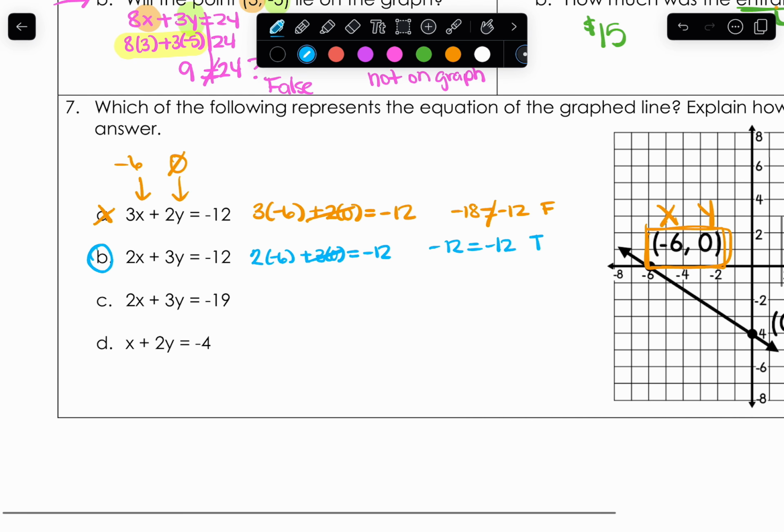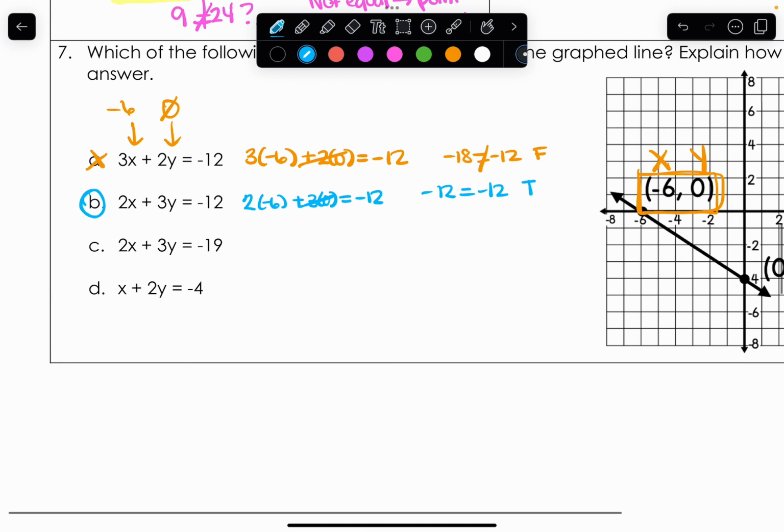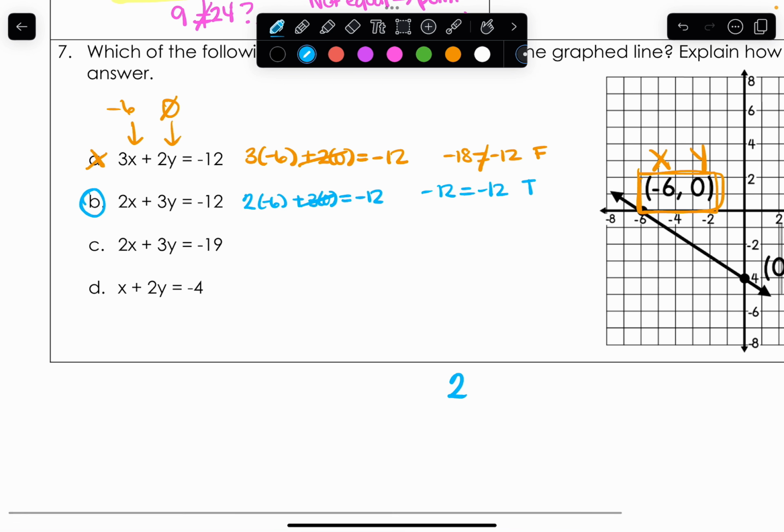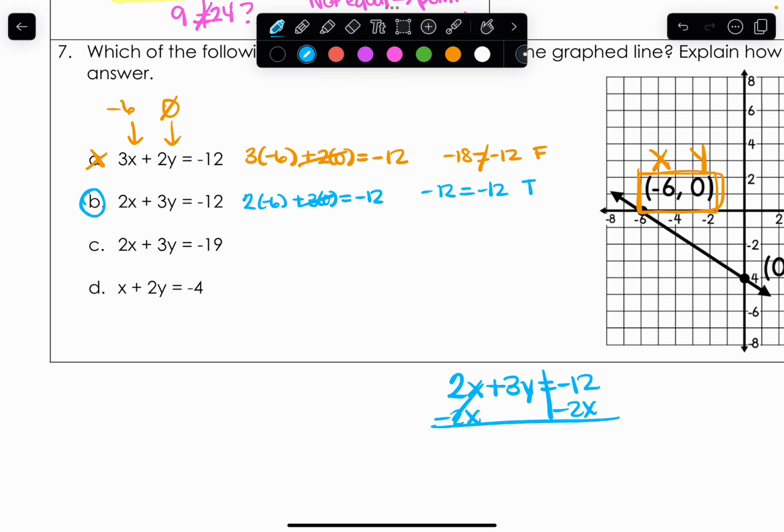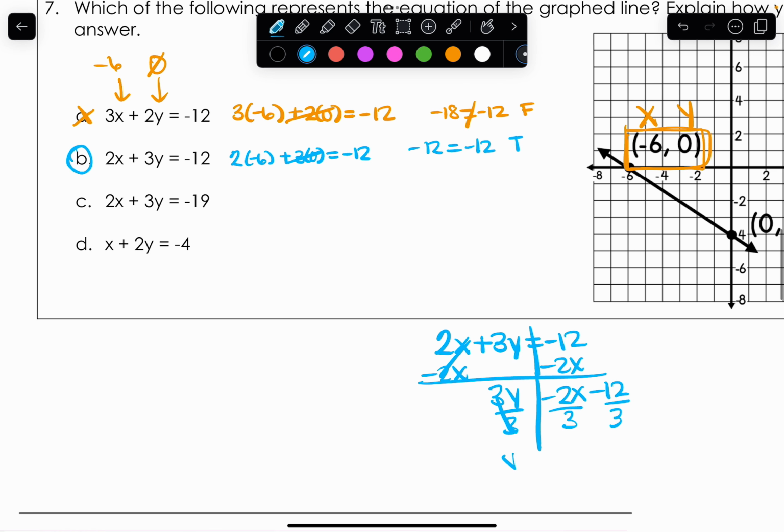Okay. You can always check your work as well. If I solve this, you bring down the 3y and divide by 3. You get y equals negative 2/3 x, and negative 12 divided by 3 is negative 4.